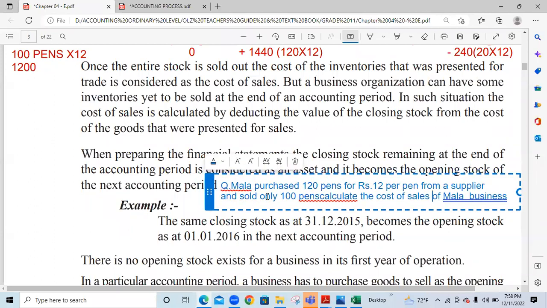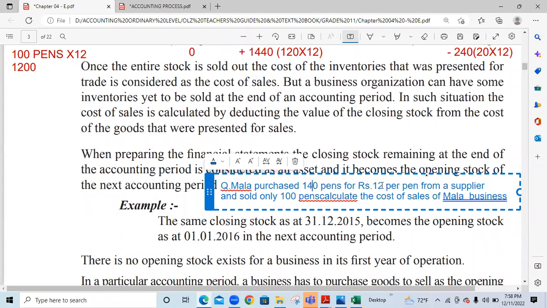Let's say Mala purchased 120 pens for rupees 12. Let's change the values. Let's say 150 pens, or maybe 140. Wait until I tell you to copy.